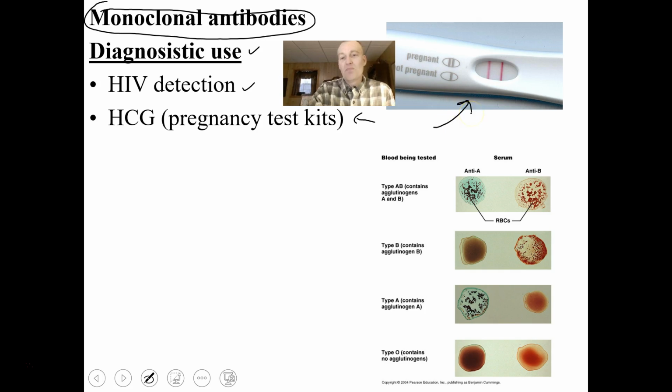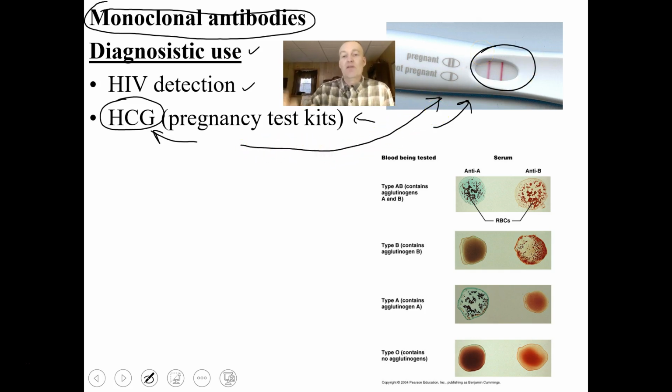A pregnancy test is based on monoclonal antibodies that attach to human chorionic gonadotropin, a hormone released by an embryo or fetus. If you urinate onto one of these tests, those monoclonal antibodies will tell you if you're pregnant or not.